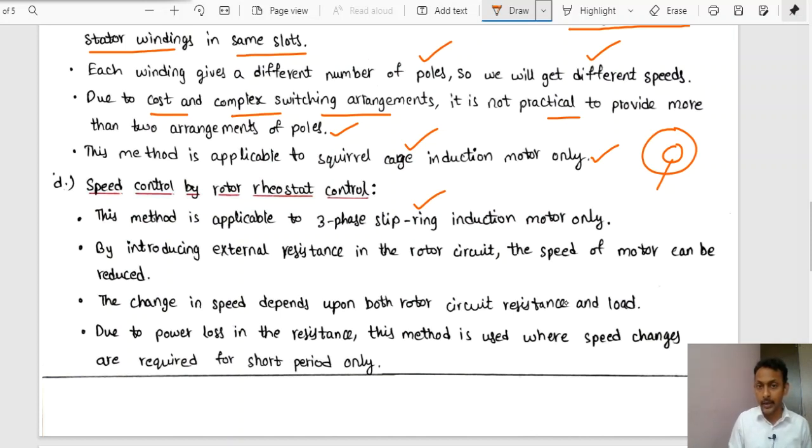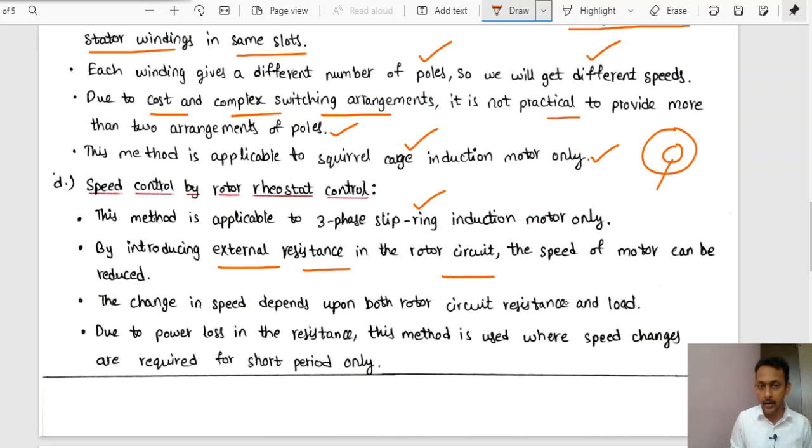But it is convenient for the slip ring induction motor. This can be achieved by introducing external resistance in the rotor circuit.